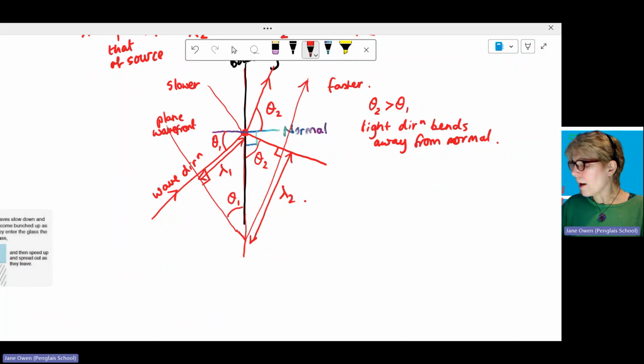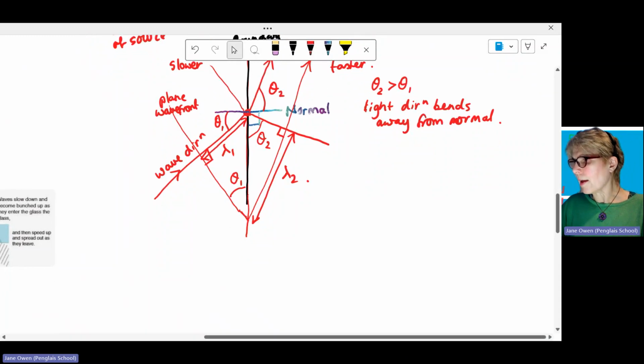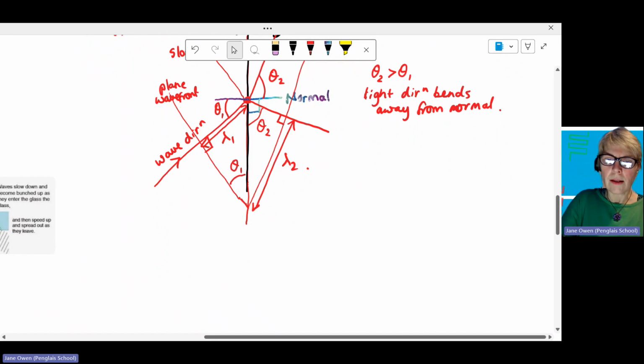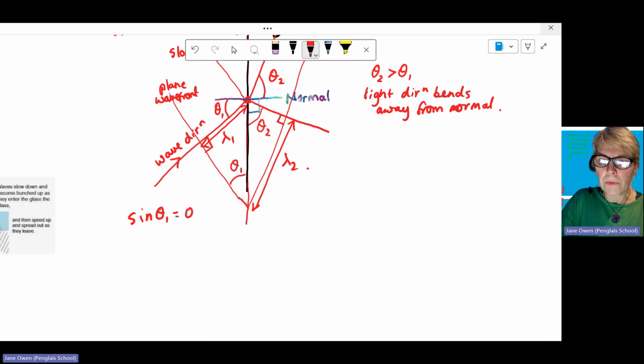We can express these angles using sine theta 1 equals opposite over hypotenuse. So for theta 1 here, the opposite is lambda 1, and the hypotenuse is something that is shared between both of them, so I'm going to label that hypotenuse and leave it like that.